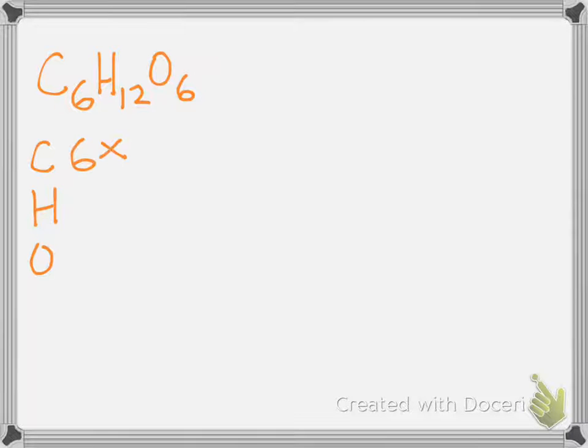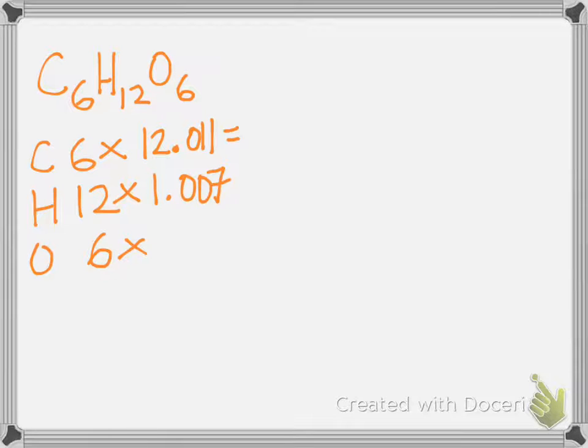Again, it's C6H12O6. So I have carbon, hydrogen, and oxygen. I have 6 carbons. I have 12 hydrogens. I have 6 oxygens. Using my periodic table, the mass for carbon is 12.011. Hydrogen is 1.0079. And oxygen is 15.999.